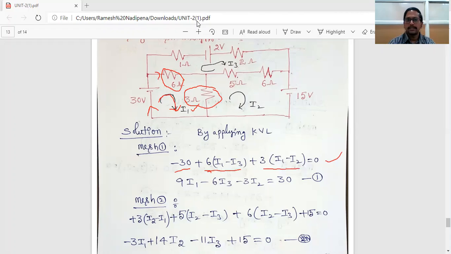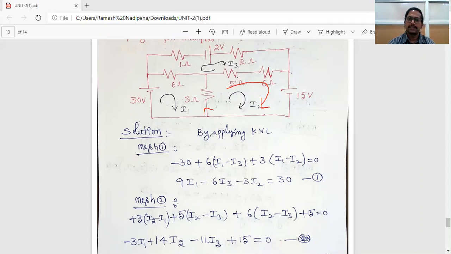Now let us write the second mesh equation. Consider the second mesh. According to the current direction, the current enters the positive terminal. Across passive elements, current always flows from high to low.